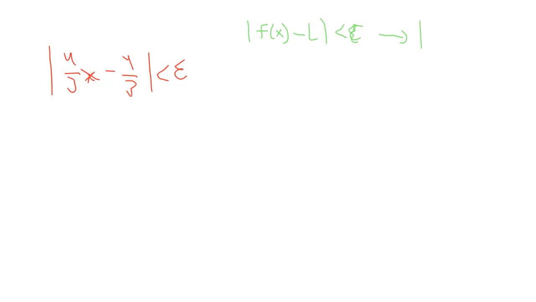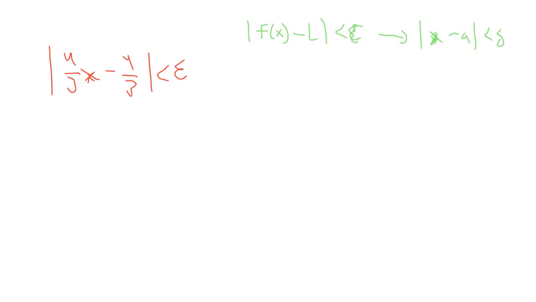So you have 4 thirds x minus 4 thirds is less than epsilon. Again, we want this to look similar to our equation for the delta. So we want our original epsilon equation to approach something similar to our delta equation.